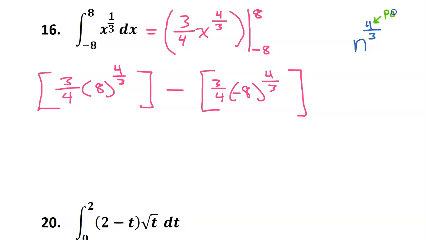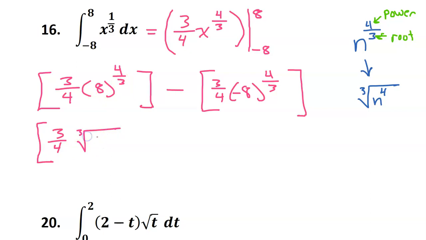So the 4 is the power and the 3 is the root. So that's why this would be the same as having the cube root of n, all right, because 3 is the root, and then to the 4th power. So I'm going to do that right now. So using that thought, I'm going to have 3/4, and this would be the cube root of 8.